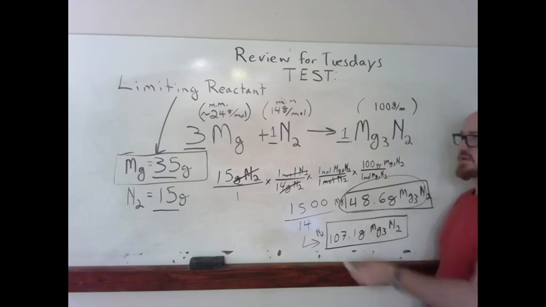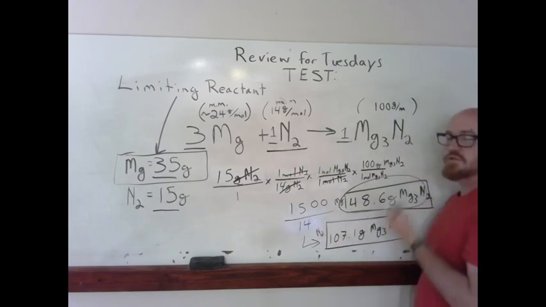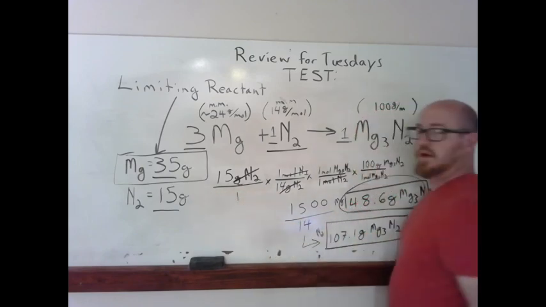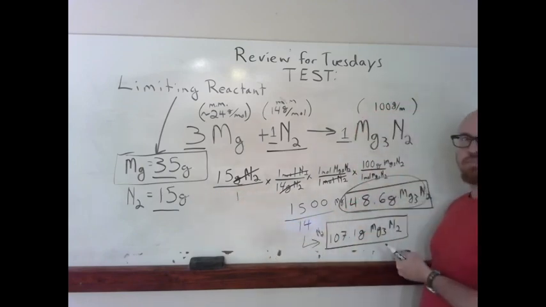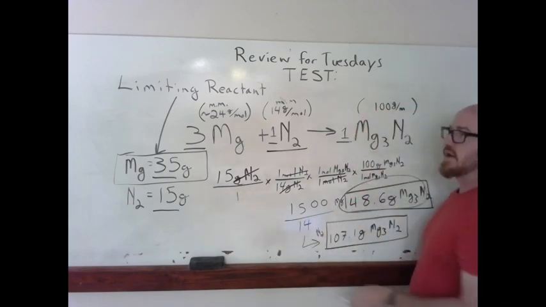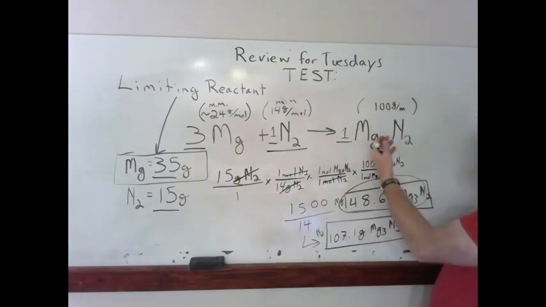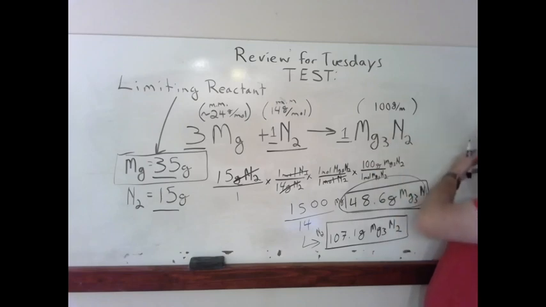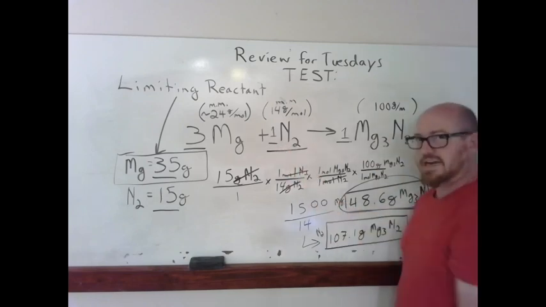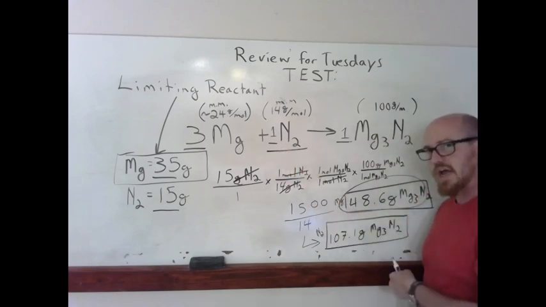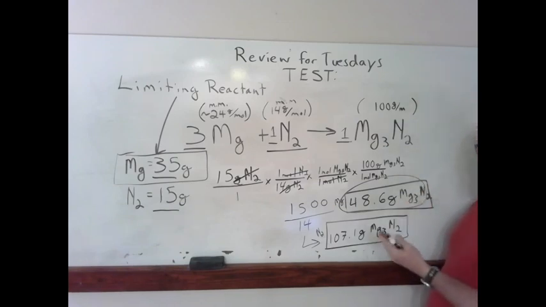Now it's interesting because I'm going to have more nitrogen gas left over after the reaction is complete. But the same masses here and here will be the same mass of this plus the excess reactant, the nitrogen gas, on the other side. So it's kind of interesting that all of this plays out.